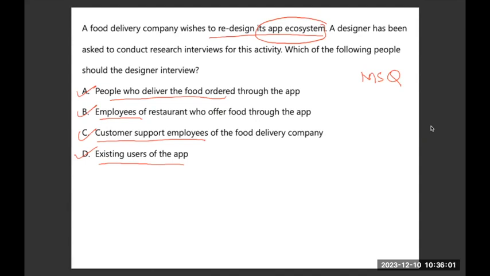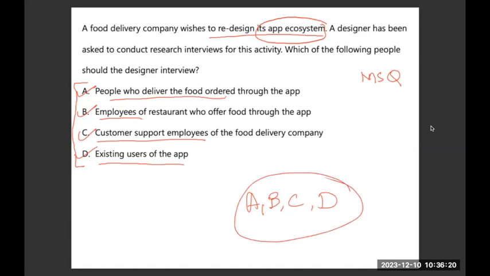In order to redesign, I need to check if there are any issues, concerns, or positive aspects of the current app ecosystem faced by all these people. So all answers A, B, C, and D are correct.